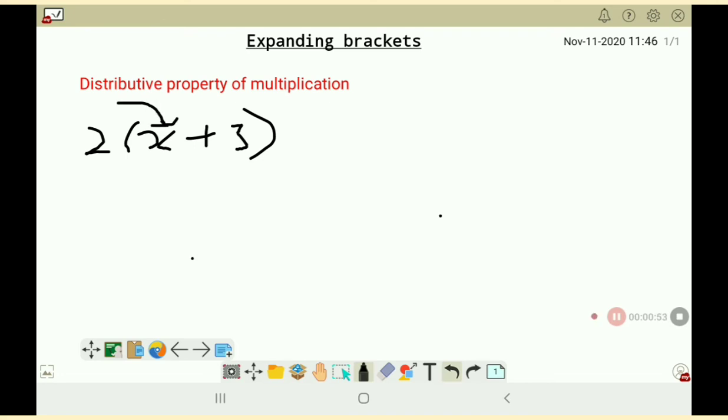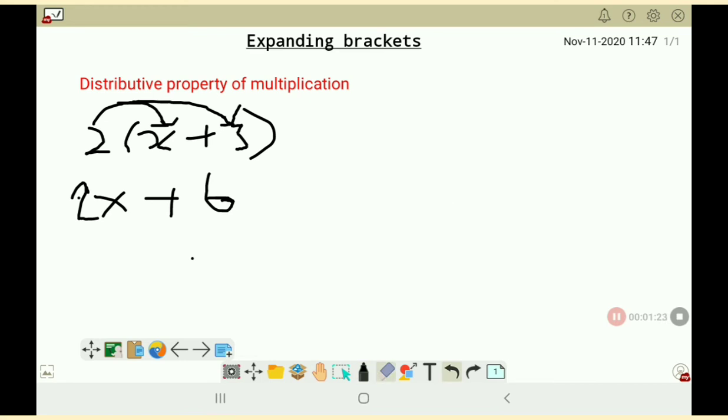We multiply 2 times x first, and we get 2x, and we multiply the 2 by the 3, and that's a positive 3, and we get 6. So that's it for the first question. When we expand 2 times x plus 3, we get 2x plus 6. Let's look at another example.